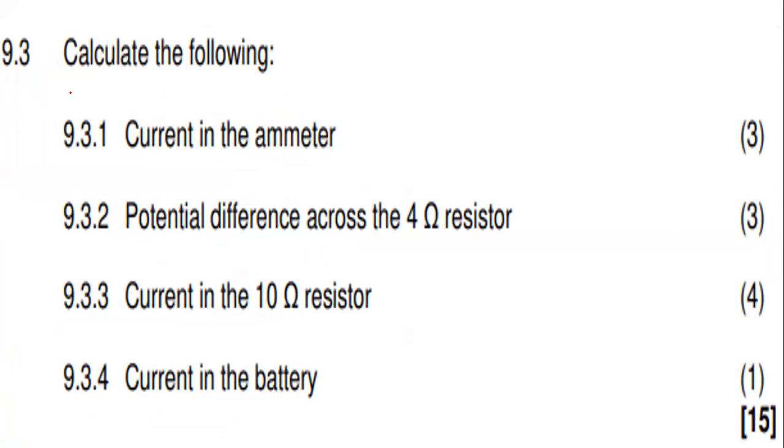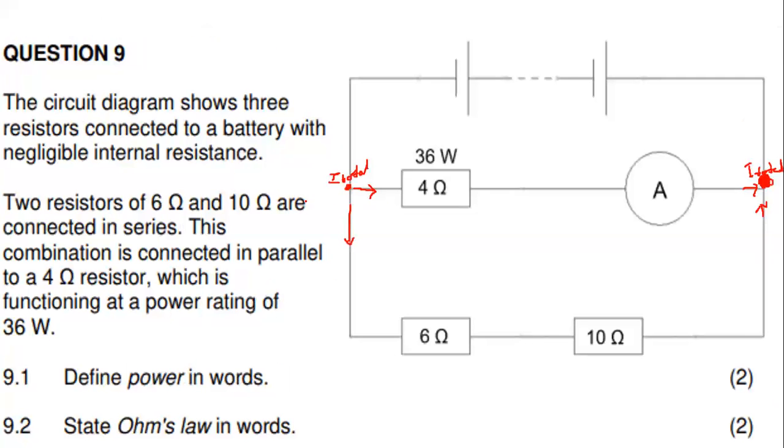Then we are required to calculate the following: the current in the ammeter. So we want the current in the ammeter. So this is 9.3.1. Obviously this ammeter is measuring only the current that is flowing through this lane altogether.